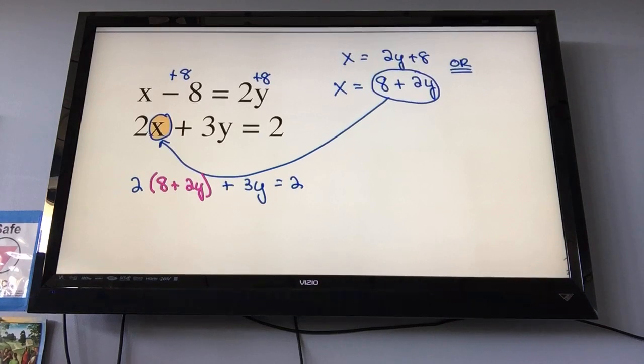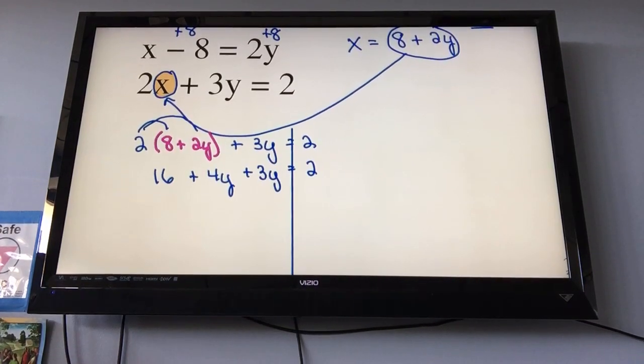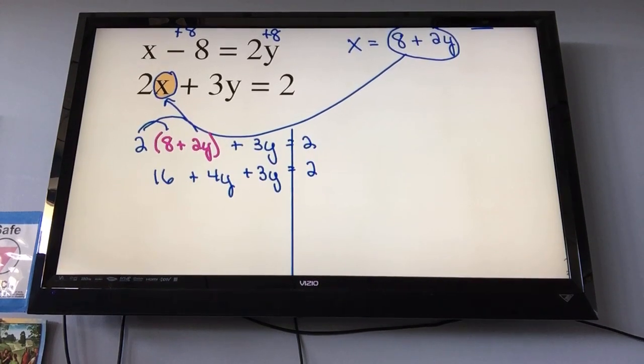And then we solve. So 8 times 2, 16. 2 times 2y, oh, I was doing that wrong. 4y. So if we're going to solve, we have to distribute to get rid of the parentheses. Once we get rid of the parentheses, then it's like the last question we did. Combine your y's. 4 and 3 is 7.